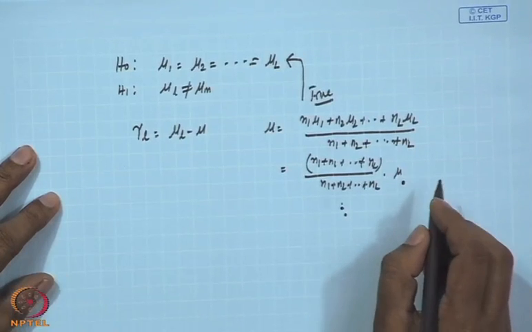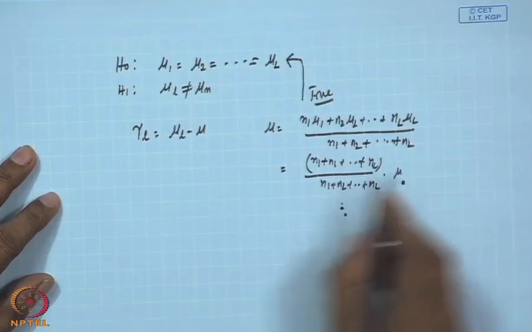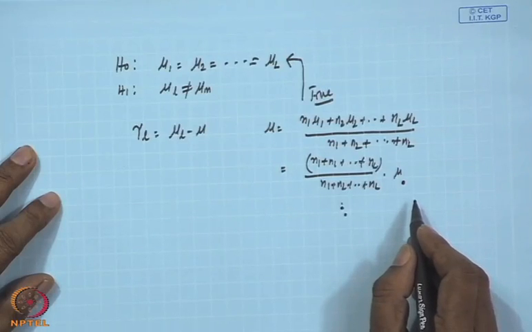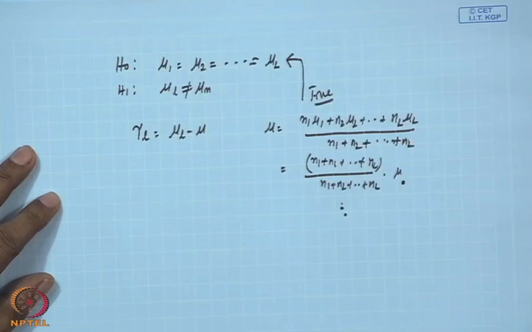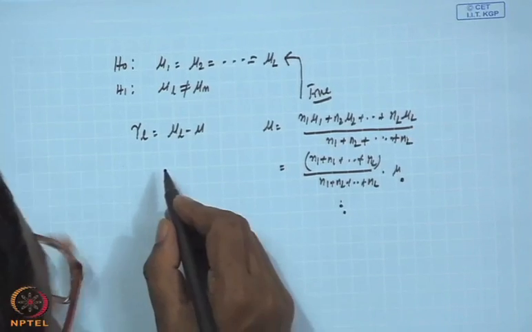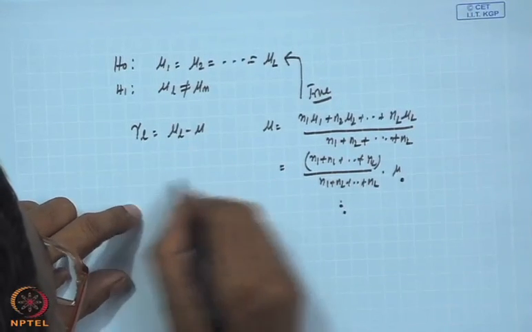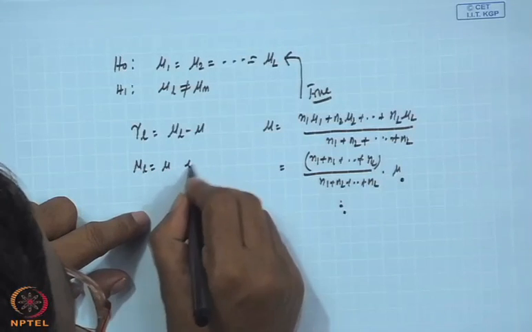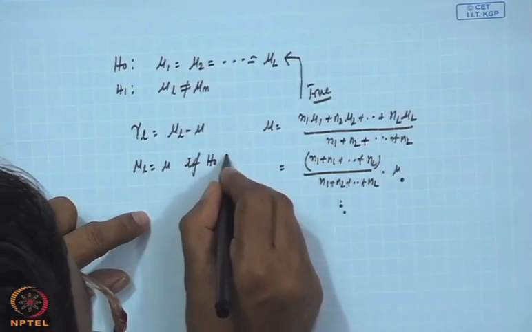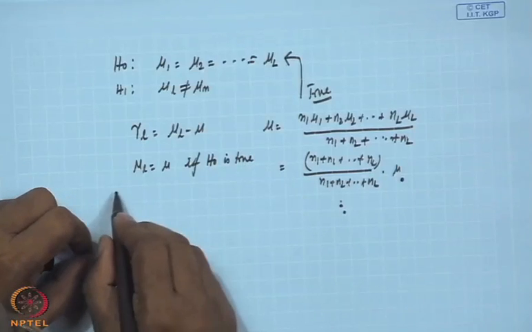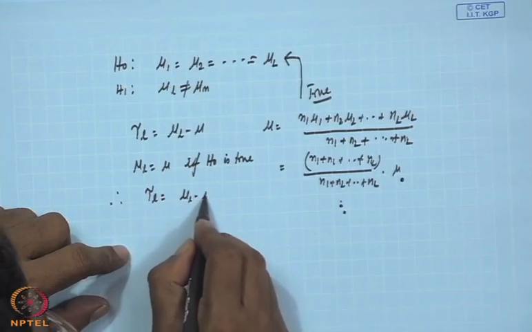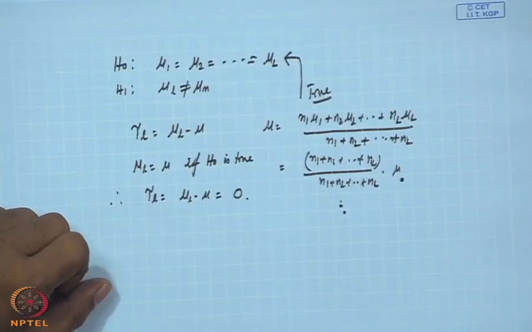So, what do we mean then? We want to say that every mu L will be equal to the grand mu. Getting me? So, we can say that mu L equals mu if H0 is true, which indicates tau L equals mu L minus mu equals 0.